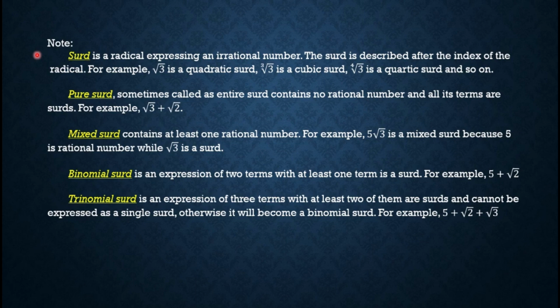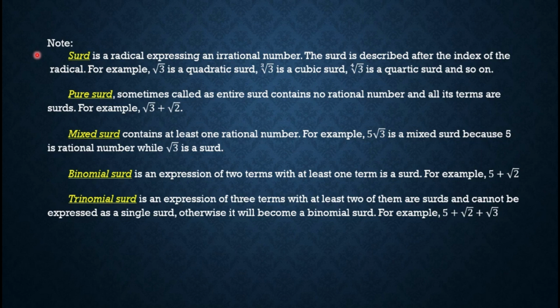The term mixed surds contains at least one rational number. So for example, 5 square root of 3 is a mixed surd because 5 is a rational number while square root of 3 is a surd. So another term of surd is the binomial surd. Expression of two terms with at least one term is a surd. For example, 5 plus square root of 2.